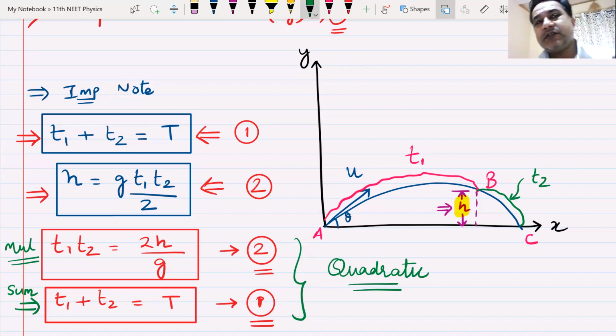At any point, the time taken to go up is T1, time taken to come down is T2. T1 plus T2 is capital T. T1 multiplied by T2 is 2 times h by g. Will you remember this?